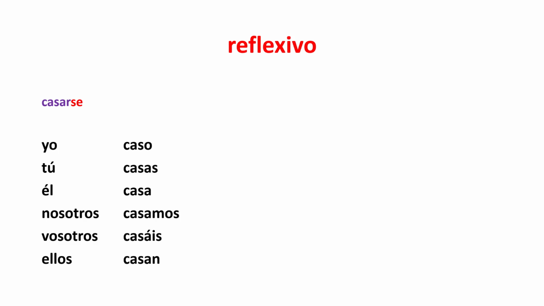Instead of yo, tú, él, nosotros, vosotros, and ellos out in front of a verb, those are the subject pronouns, we're going to use reflexive pronouns instead. For example, me caso means myself I marry, or I marry myself. That's why they are called reflexive. They reflect back onto yourself. Instead of tú casas, it's te casas.